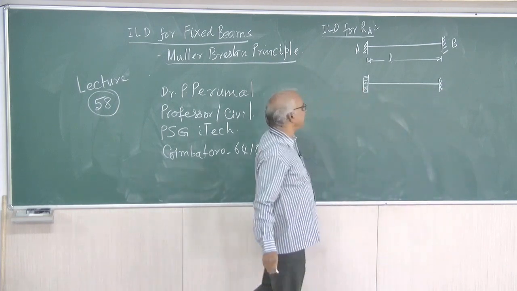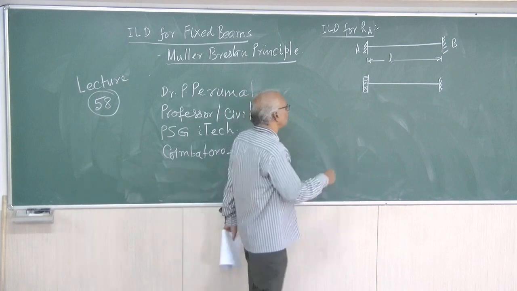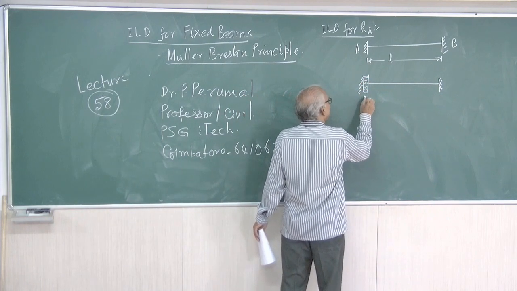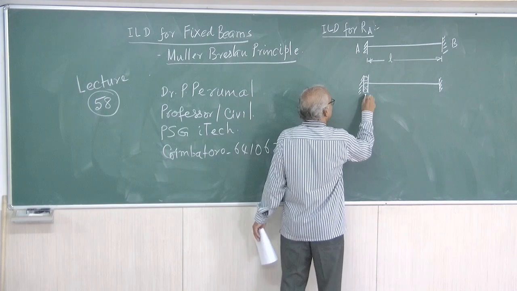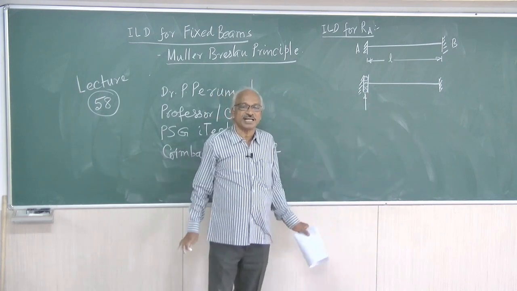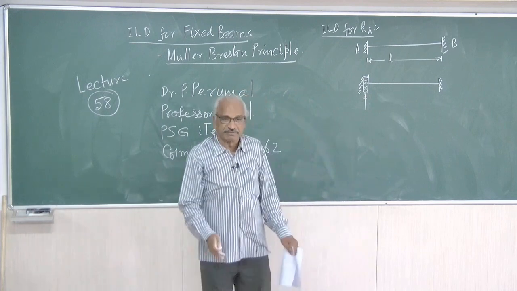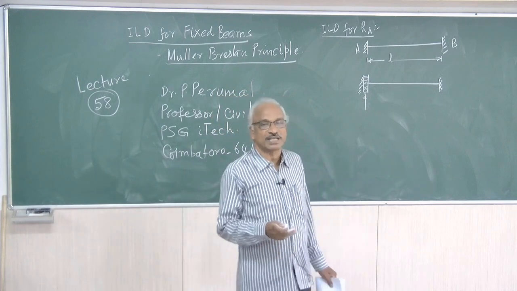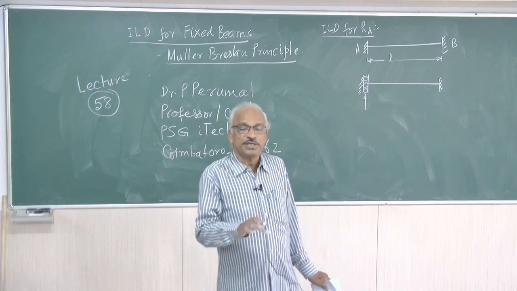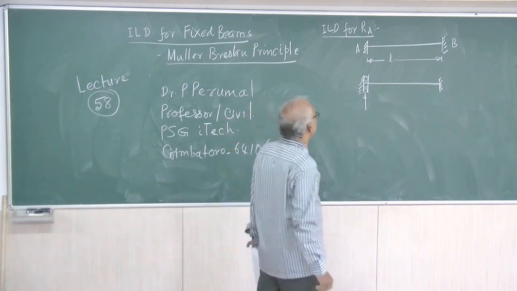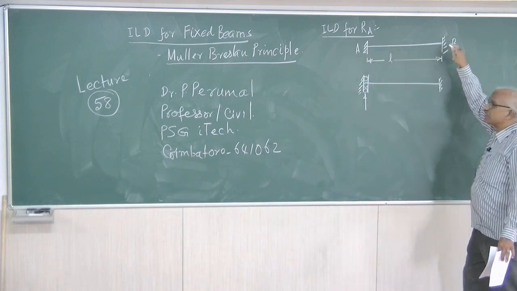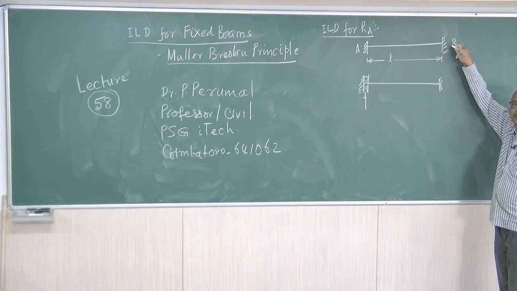Therefore, when you provide rollers between two vertical plates, it cannot take any reaction. Suppose we apply a reaction, it will start moving, it will not be able to take any reaction because it is provided between rollers between two vertical plates. Whereas the slope equal to 0 will be maintained because A is a fixed end, so theta A equal to 0, B is a fixed end, theta B equal to 0.